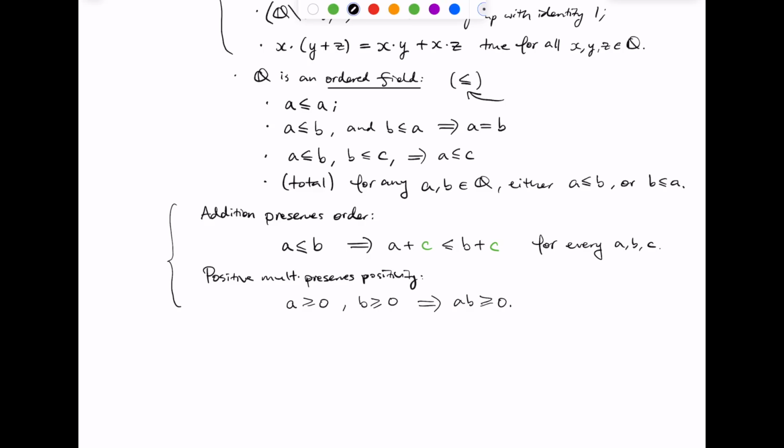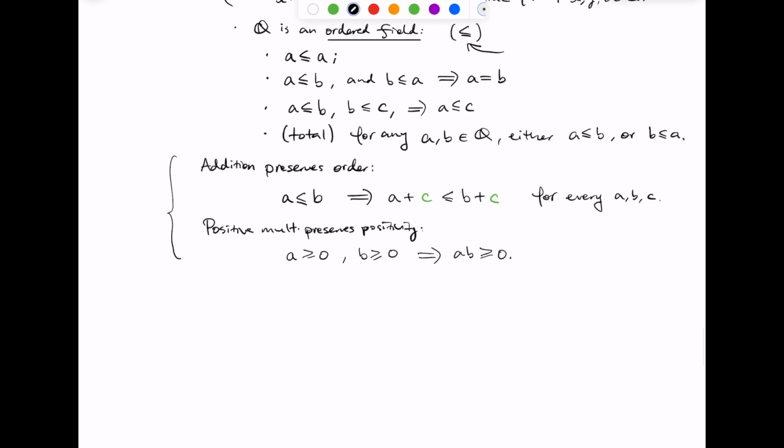So just as an illustration of these field axioms, we're going to prove something which holds in an ordered field. So now we're thinking not just about Q, but about any ordered field that satisfies this abstract list of axioms. So let's do the following exercise.